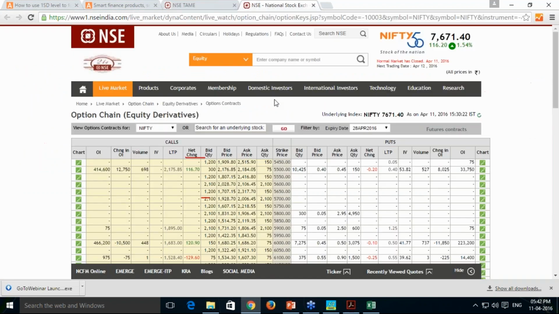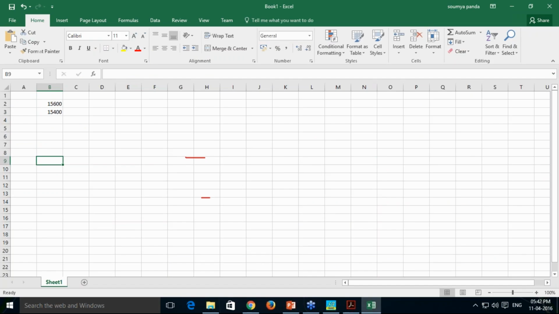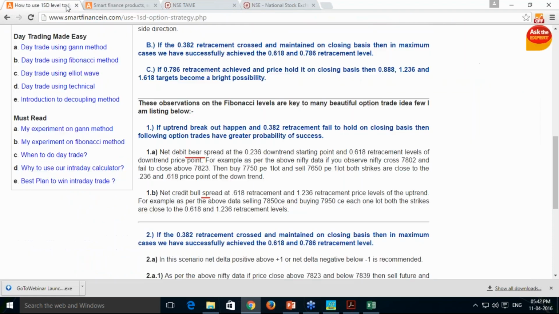So let me see the values of 15,600 and 15,400 at 12:52. This is the put option I will be buying, and this is the put option I will be selling. This is the strategy I am going to initiate for this trade, and it is a net debit bear spread.